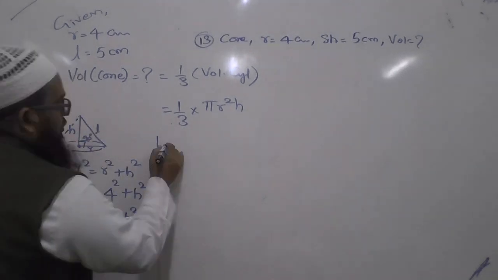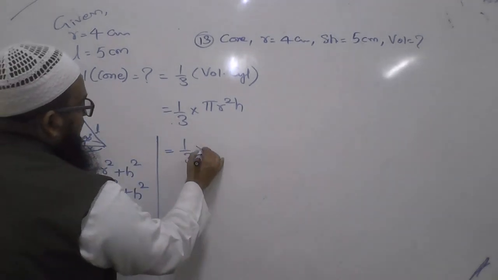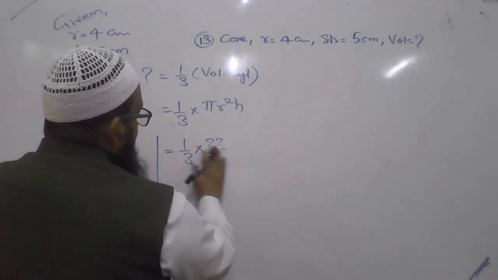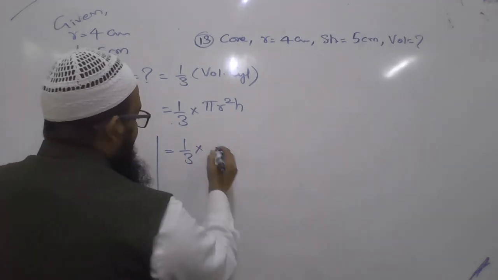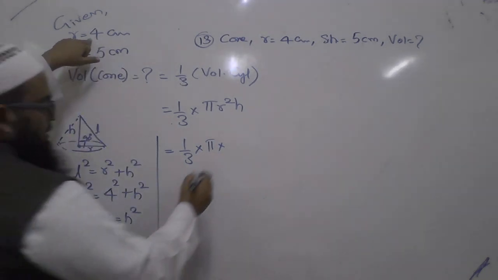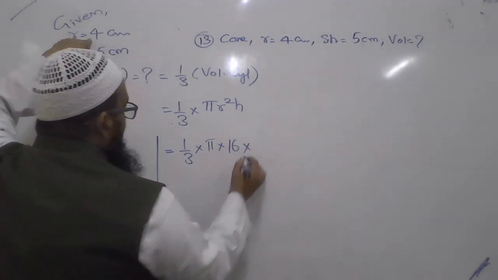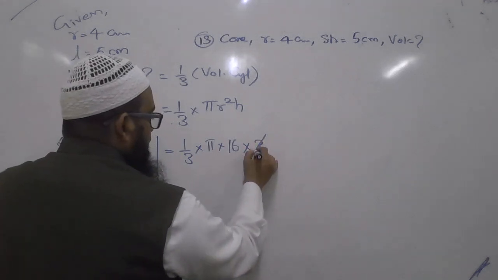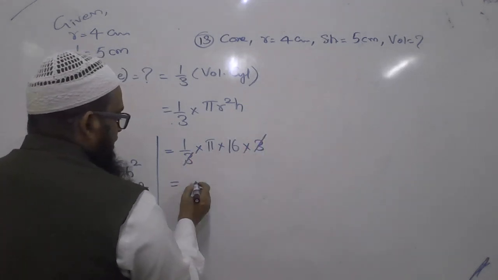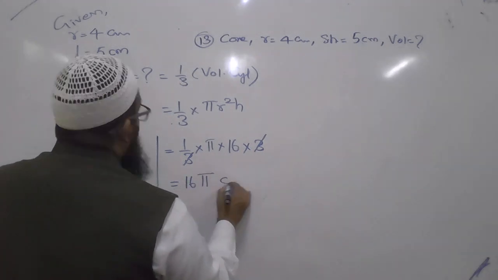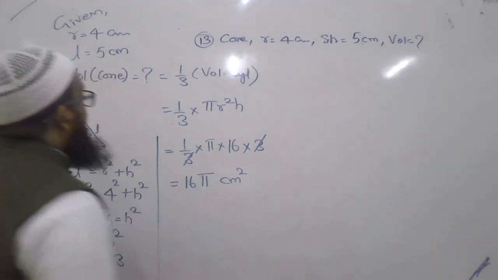Now find out 1 by 3 times 22 by 7. See, I'll show you two ways. So pi multiplied by what is r? 4 square. That means 16 into height. Height is what? Height we got it as 3. So when I cancel out 3, it is 16 pi centimeter cube.